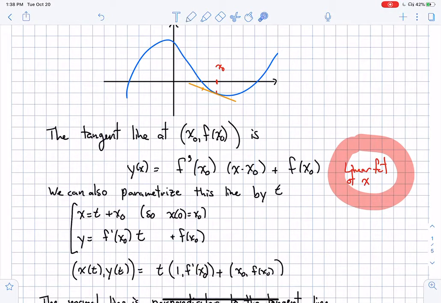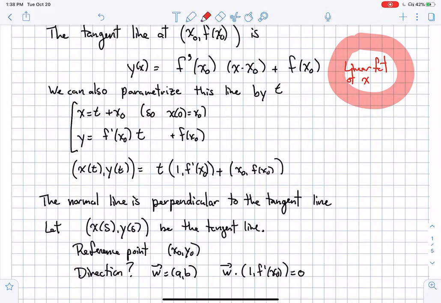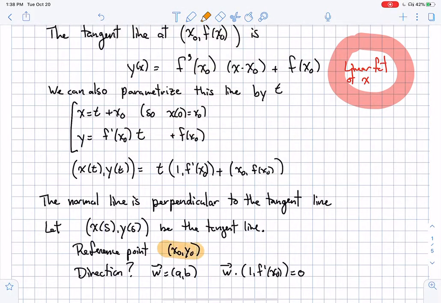Once I have my parametric equation, it's easy to write it as a direction and a reference point. Everything that is in t: in the x coordinate, I get just 1, and in y, f'(x0). The constant part, x0, f(x0), is my reference point. And the direction is a multiple of that vector.